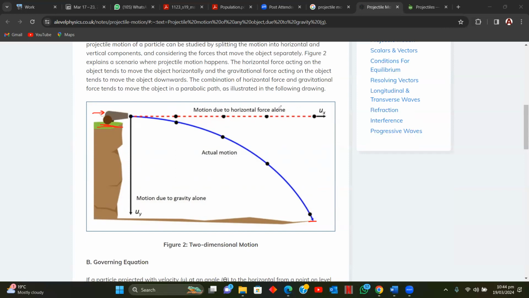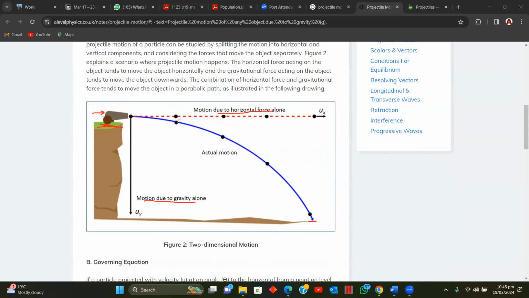Whereas if you imagine the object to just have a vertical force, the weight, and no horizontal force, no additional push, the object would have fallen down in a vertical straight line following that path, motion due to gravity alone. But in reality, because there's motion due to the horizontal force and motion due to gravity, it follows this blue path, which is a curved actual motion.